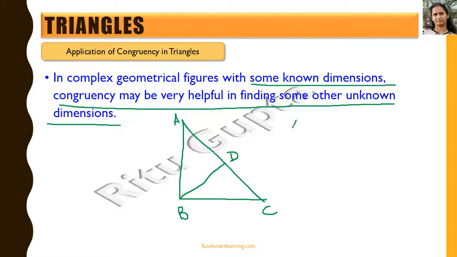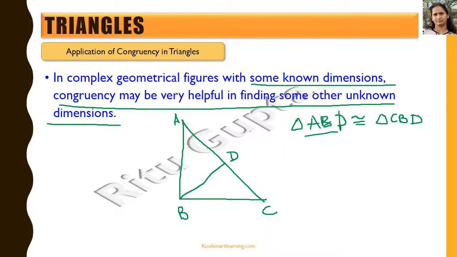So we are saying it is given to us that triangle ABD is congruent to triangle CBD. Now can we find out the different angles of this triangle?